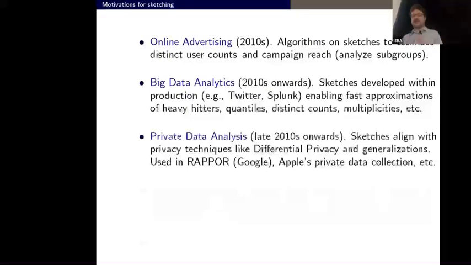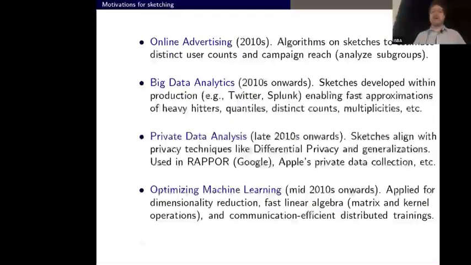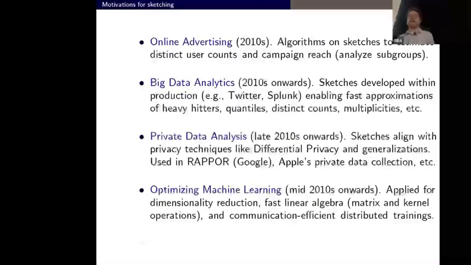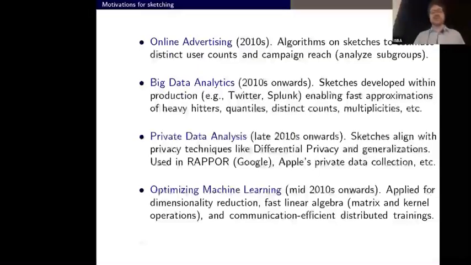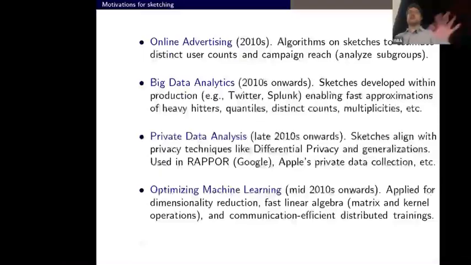There is a debate on whether to aggregate data or perturb it with a little bit of noise, and I will discuss this point later on. Finally, I will also discuss optimization in machine learning, so dimensionality reduction and fast linear algebra. These are all potential applications of sketching, and many others.